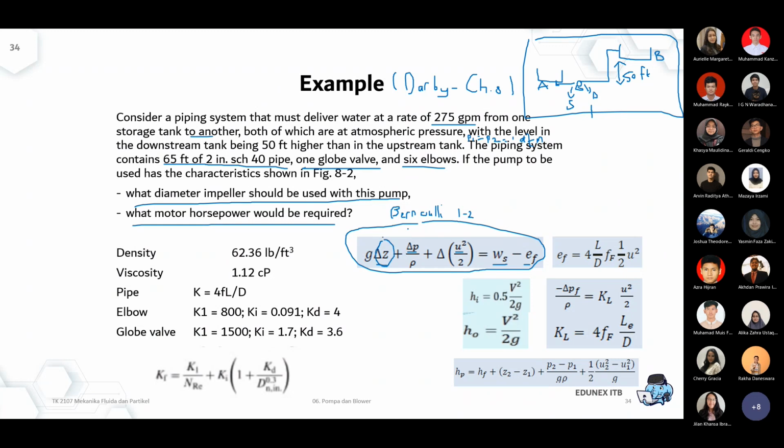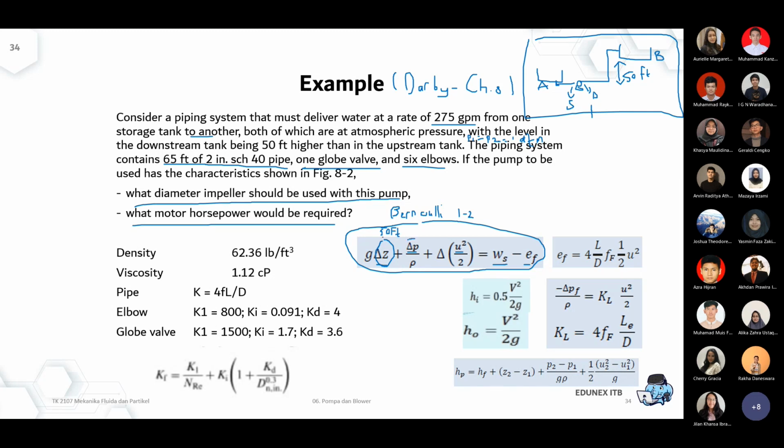What's delta Z? Is the delta Z 50 feet, sir? Okay, that's the delta elevation. So we know the number for this, right? 50 feet. It's already available. No issue to put this in the Bernoulli.